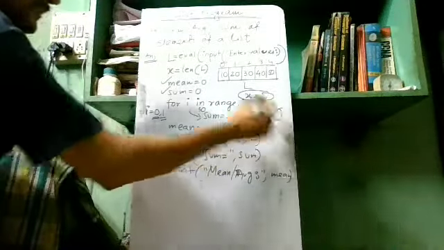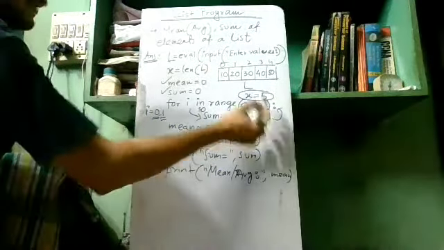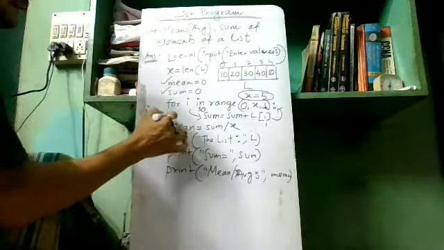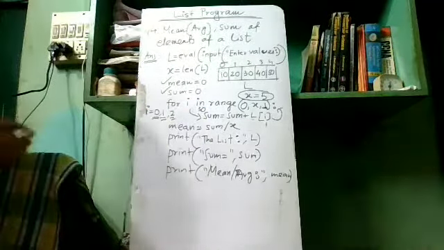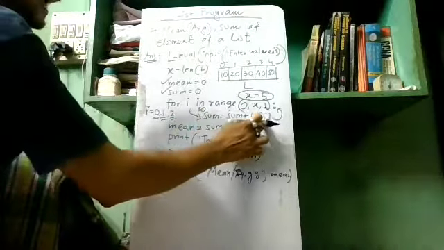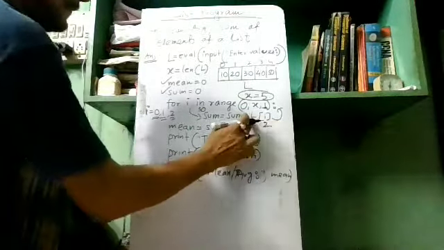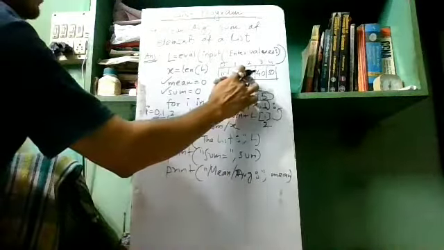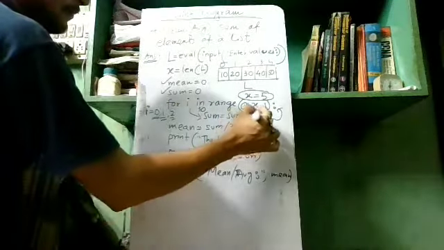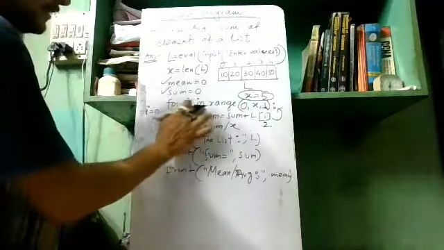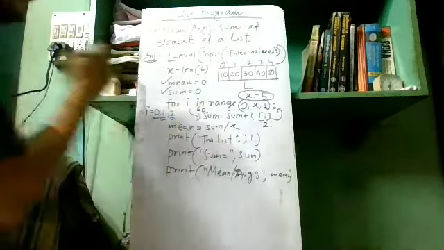Then again the loop circulates. I will be incremented by 1. Then I will be 2. Again the loop comes here. Sum equal to sum plus Li. Now I is 2. That means L2 means 30. Previously sum was keeping 30. That means 30 plus 30, 60. 60 will be there in sum.